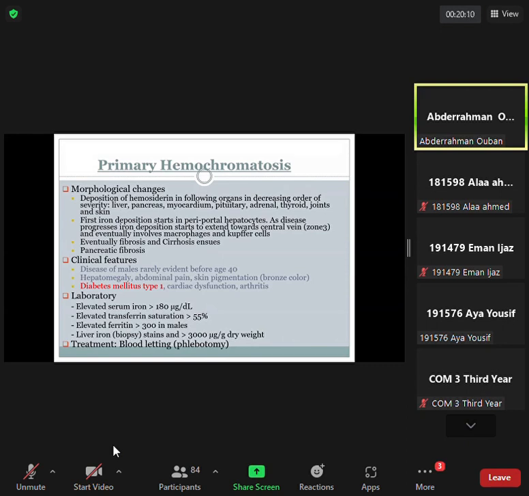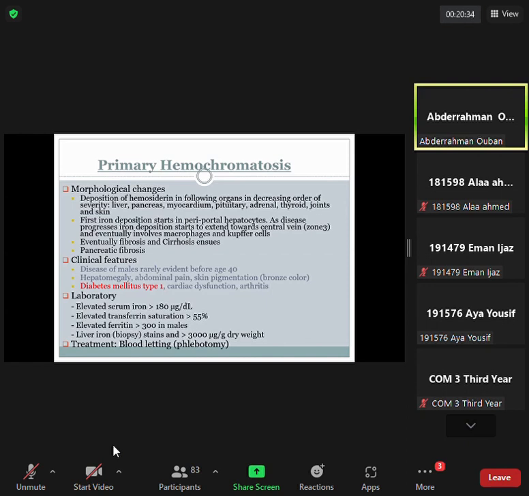There are several levels for the severity and amount of iron getting deposited in the liver, and with each increase there is going to be added damage in the form of fibrosis. Then eventually it will result in cirrhosis.